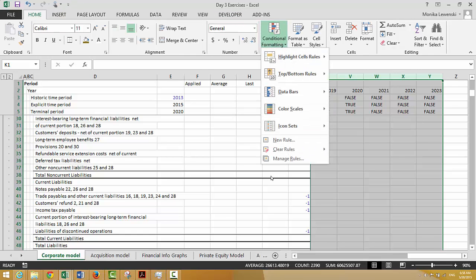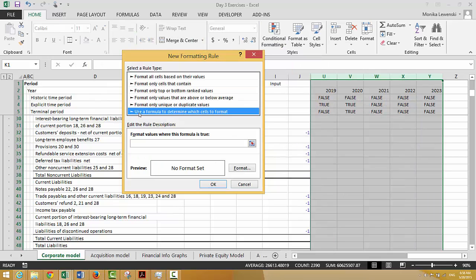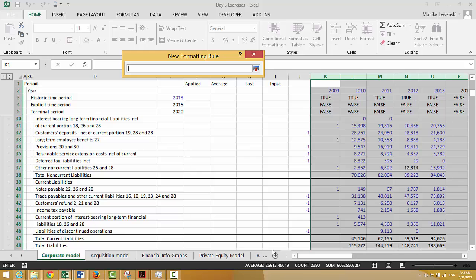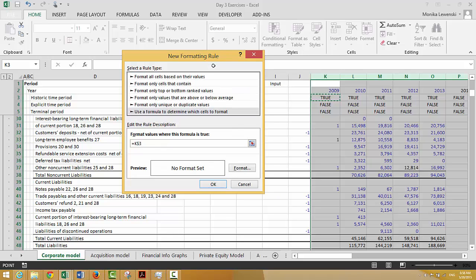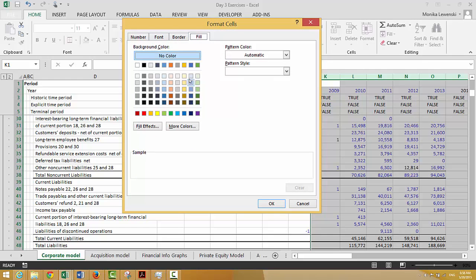If you're cool in Excel, you go to a new rule. I've just learned this by trial and error: you go to the historic period, press F4 a couple of times, and go to the left like that.